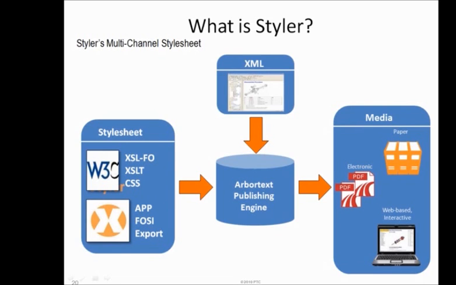You may be creating a style sheet to deliver a PDF, and that would use an APP template. You may want to create an XSL-FO template style sheet, CSS for web, for example. So all these things would have needed to be created independently and separately for the different output requirements.